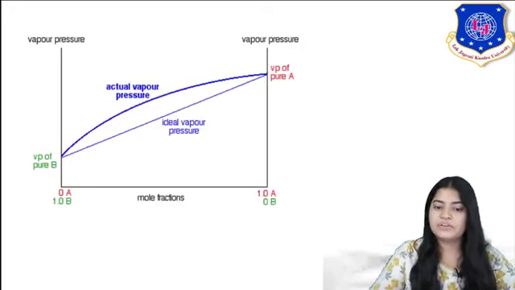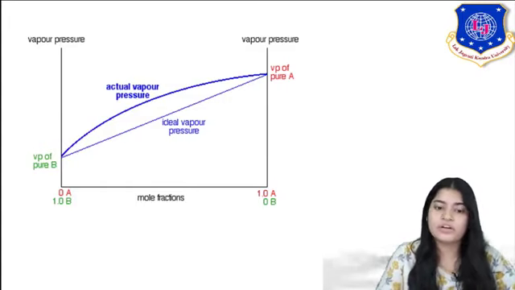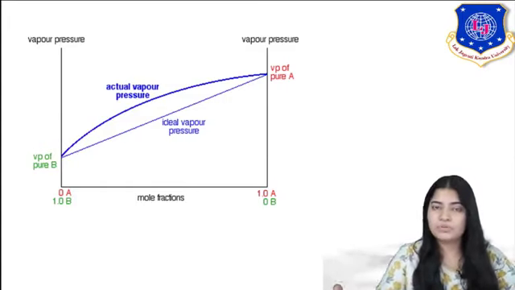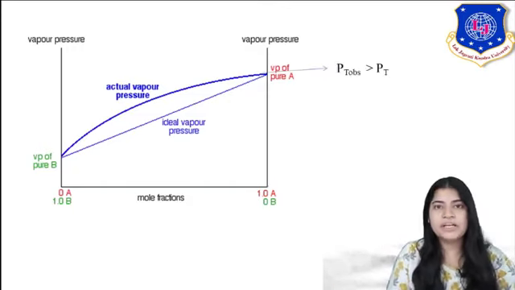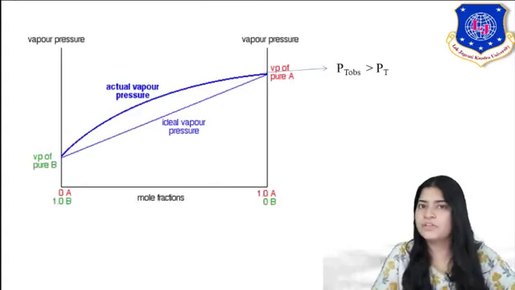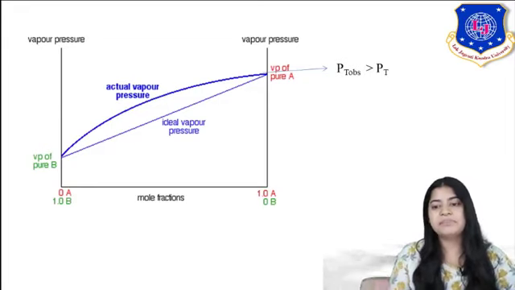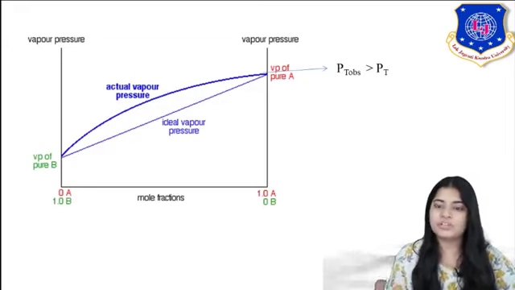You can see the ideal vapor pressure, that is the trend of Raoult's law. Your actual vapor pressure is positively deviated, upward from the ideal vapor pressure curve. So it means your PT observed is more than PT. Because PT observed is more than PT, the difference between PT observed and PT would be positive.